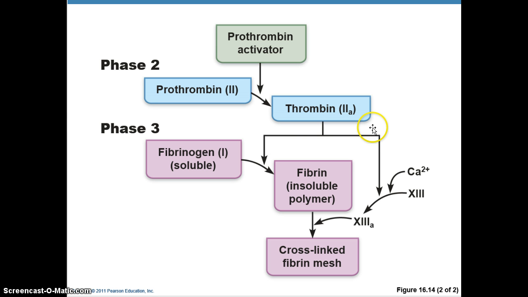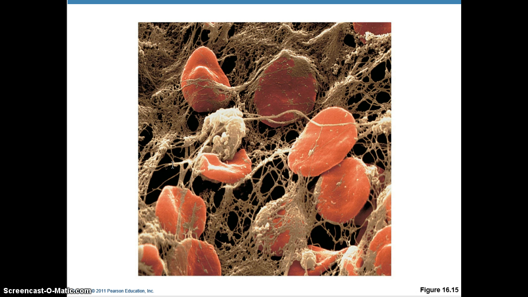And then the job of thrombin is to catalyze the conversion of fibrinogen into fibrin. Fibrinogen is a soluble protein that floats around freely in the bloodstream. Fibrin is insoluble. It becomes unfolded and sticky. One fibrin molecule will stick to another fibrin molecule, and you get this big fibrin mesh.